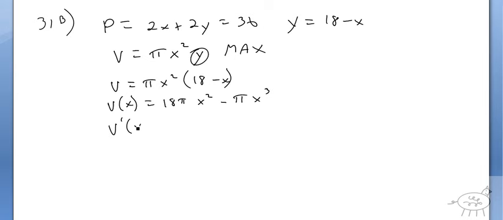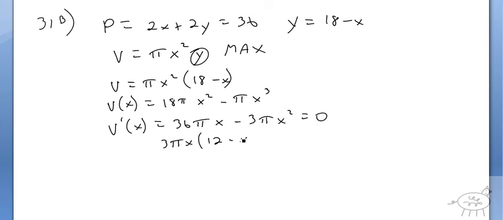So v prime of x is equal to 36 pi x minus 3 pi x squared, which equals 0. I factor out a 3 pi x, and I get 12 minus x equals 0. So 3 pi x equals 0, and 12 minus x equals 0.